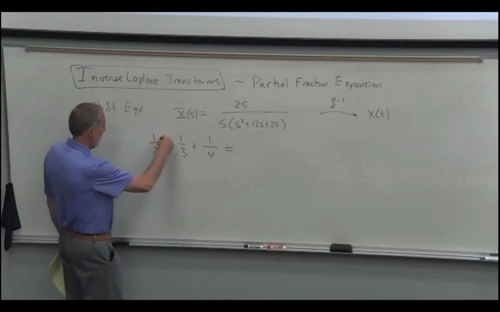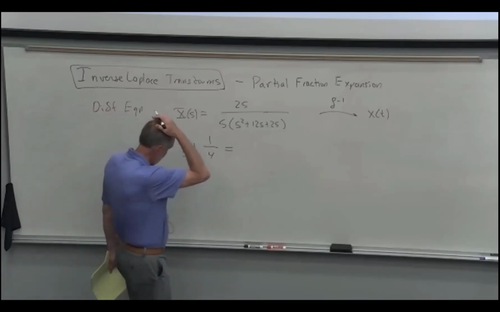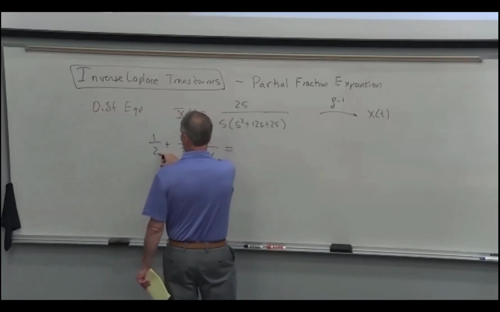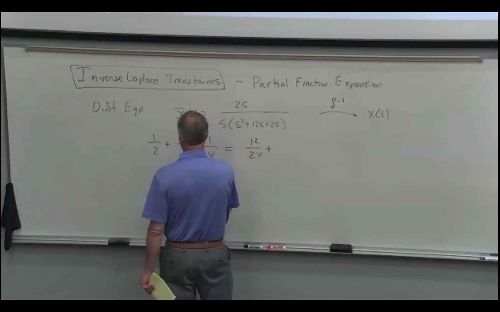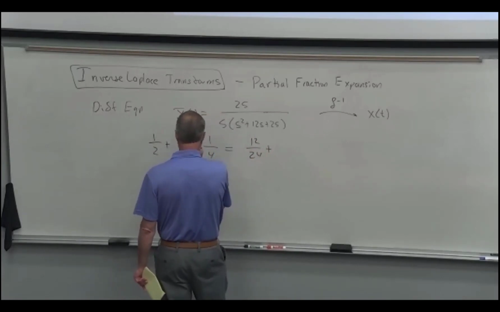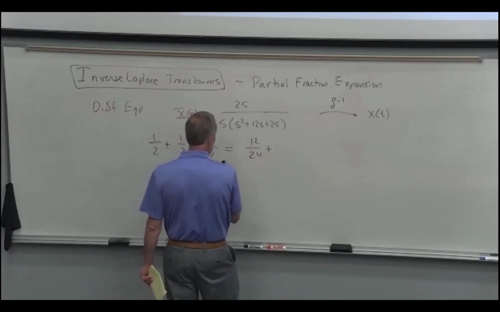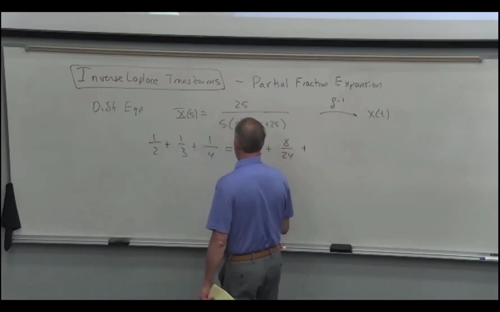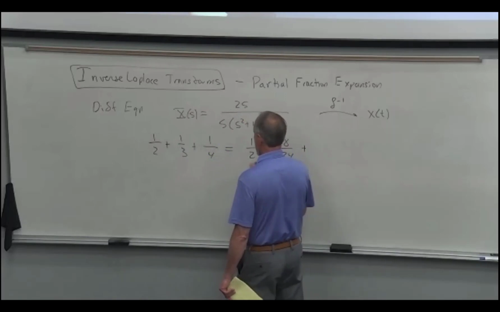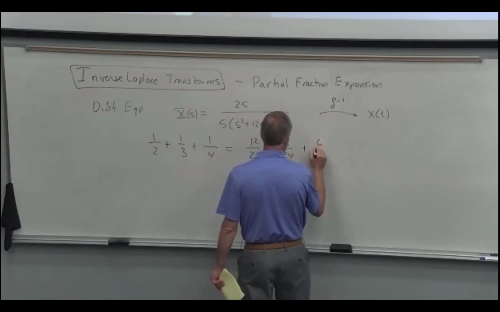And then you multiply the top and the bottom to get 24 all in the bottom. So let's see. 2 times 12 is 24, so you get 12 24ths. 3 times 8 is 24. And then 4 times 6 is 24.